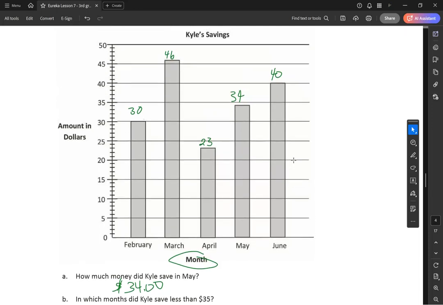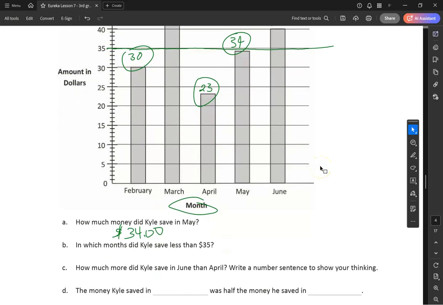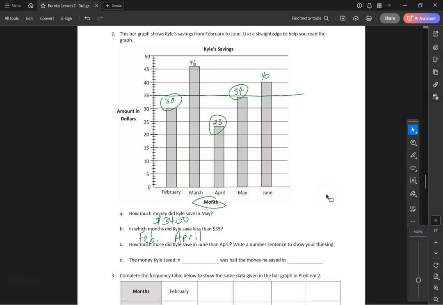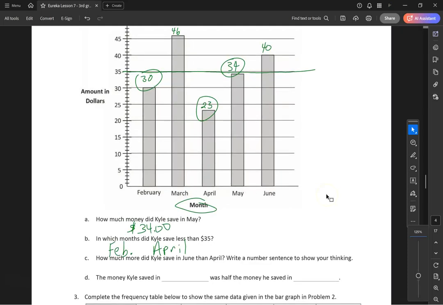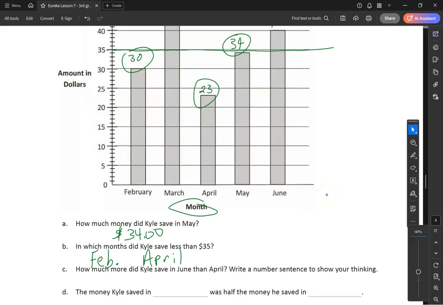Less than $35. So anything less than 35. So we have 30, we have 23, and we have 34. So we're going to say February, April, and May. Okay.